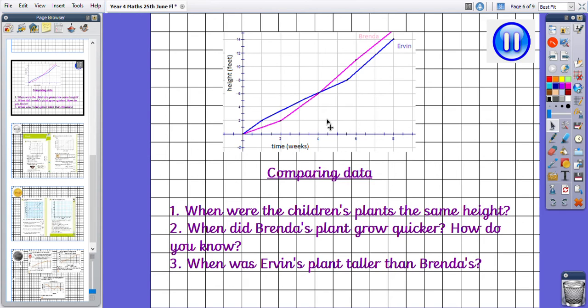When's it at its steepest? And question 3, when was Irvin's plant taller than Brenda's? If it's taller, the line is going to be higher up on the line graph because that's showing that Irvin's plant is bigger at that time. Pause the video and have a think about what your answers might be.